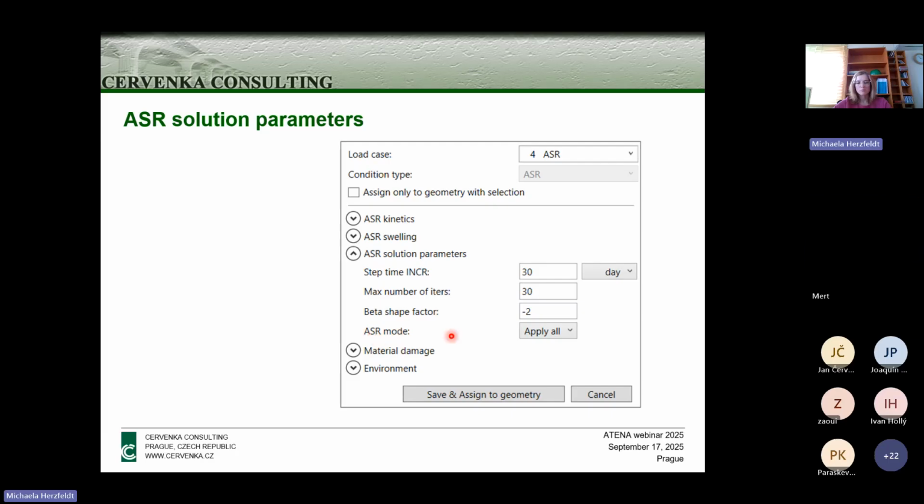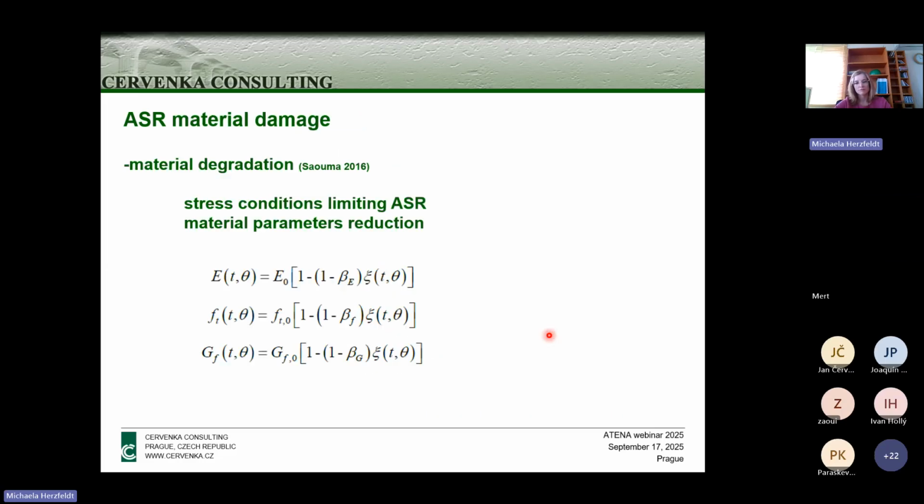This ASR mode is something that you, as a user, can choose: whether the ASR will affect the strain development, or whether it affects the reduction of material properties, the mechanical properties of concrete, or if you want to consider everything, then you have all of this considered.